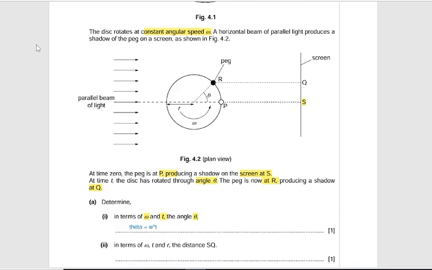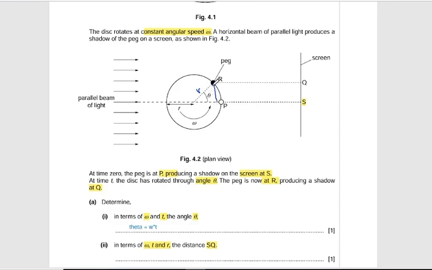For the second part, it says in terms of omega t and r, the distance SQ. Now the distance SQ is this straight line like this. So we have to find this distance. Now we know that this distance is r as well. This distance we do not know and we should not be concerned with it.